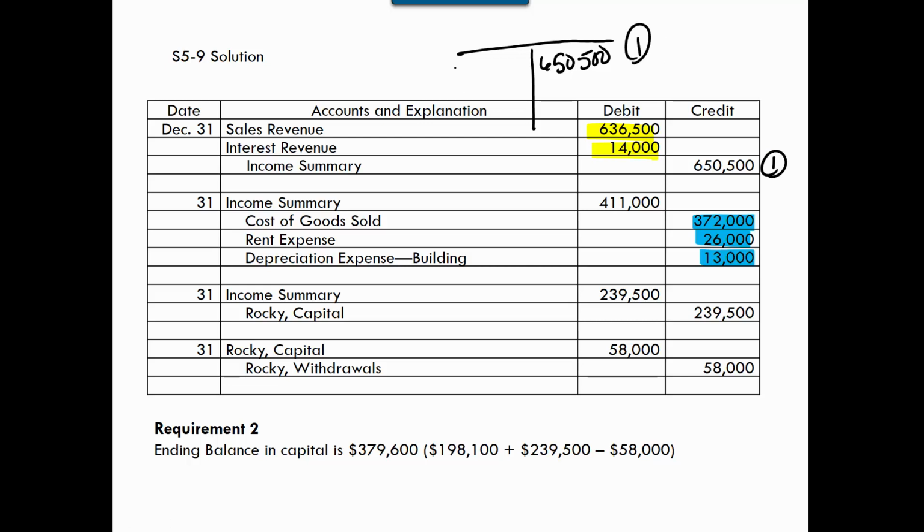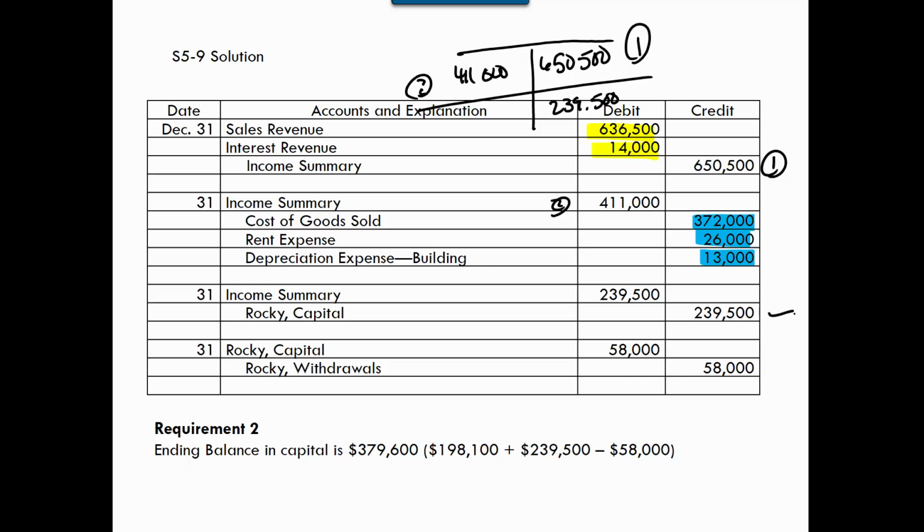Then we debited it $411 for our second closing entry. And so right now it has a credit balance of $239.5. So we need to close that to capital.